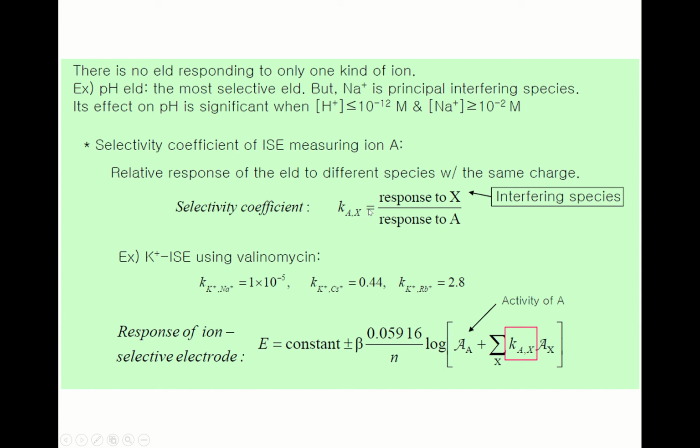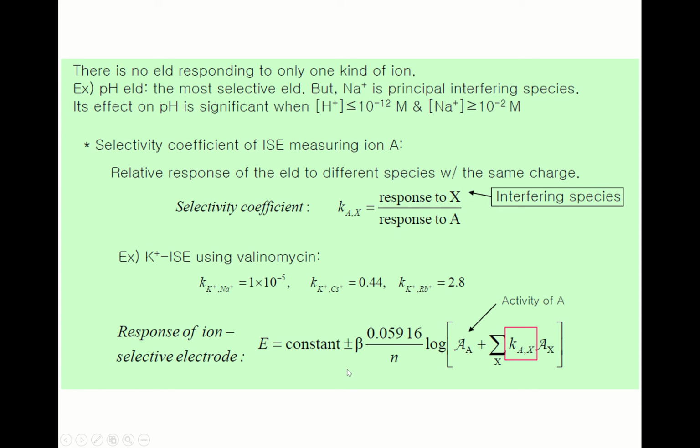So this means K_A,X is not zero. It is zero only if the electrode responds only to A and the response to X is zero, but that's not the case. So by defining a selectivity coefficient this way, we have to rewrite the Nernst equation.